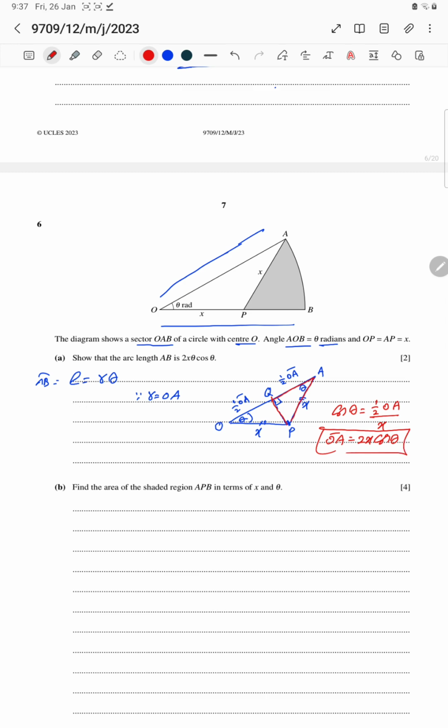Therefore we have the arc length L is equal to R times theta, and R is OA. So we can write L is equal to 2x cos of theta times theta, so we write 2x theta cos of theta. That is the required proof. Hence proved.